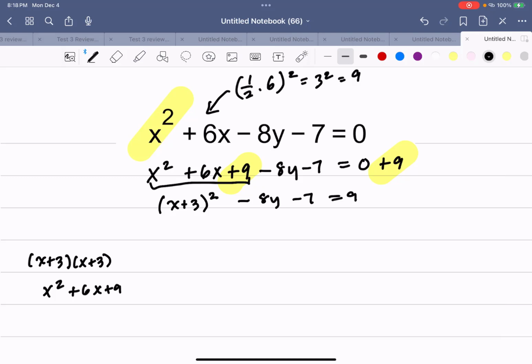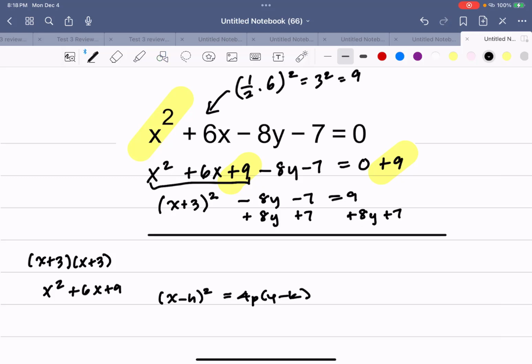Now my format is x minus h squared equals 4p times y minus k. So I need to get all this other stuff, the 8y and the 7, so I'll add their opposites to both sides. And that will give me x plus 3 squared.